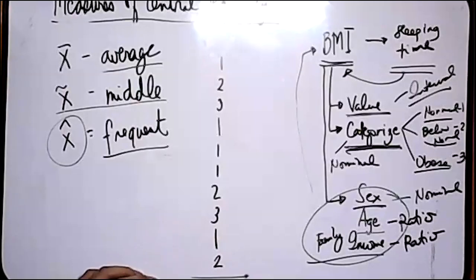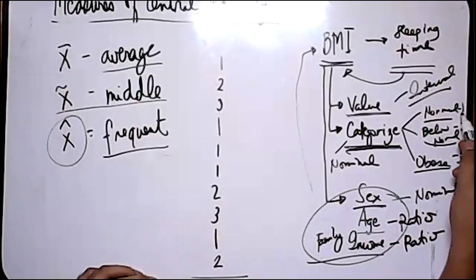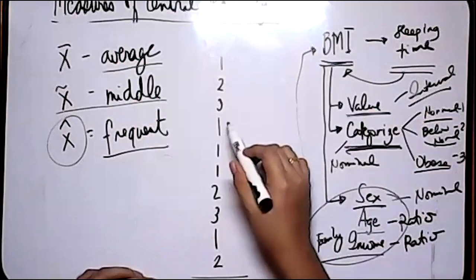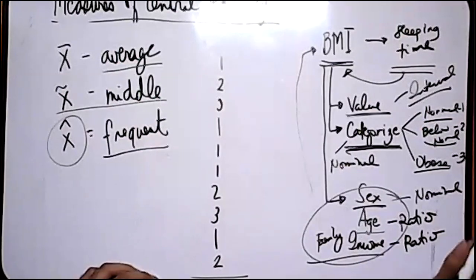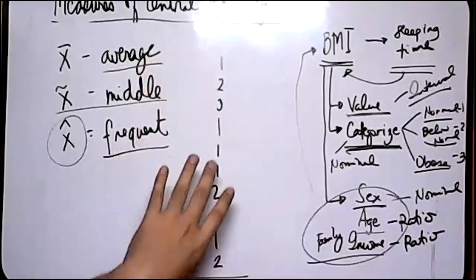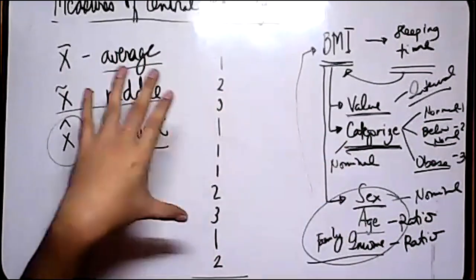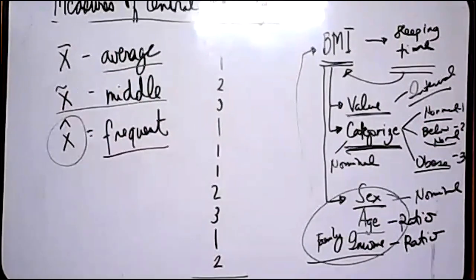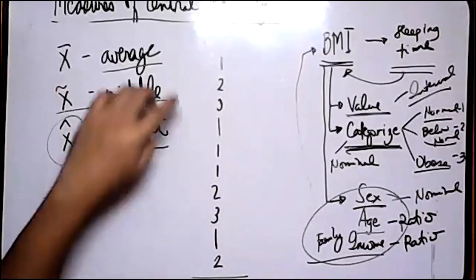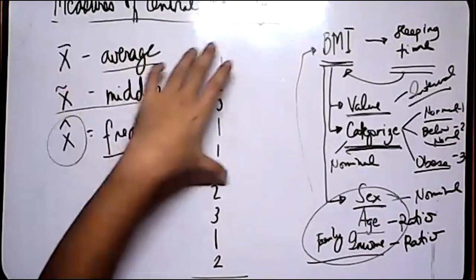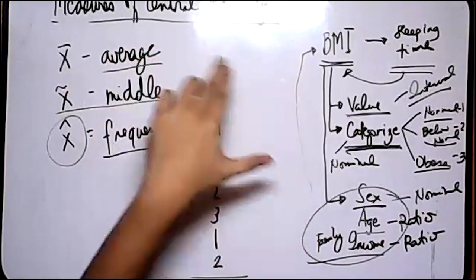So it means na yung normal natin is 1, yung below normal 2, yung obese naman ay 3. All right? Say for example, that those are the BMI of my respondents. Question: what do you think is the most appropriate measure of central tendency that would describe all my respondents?